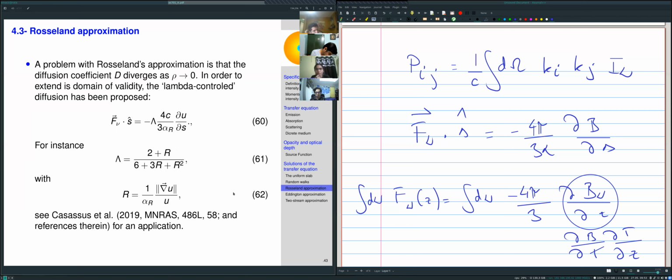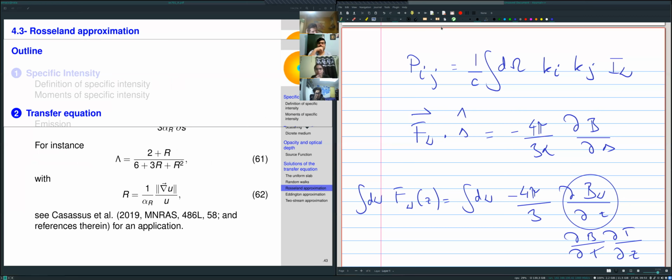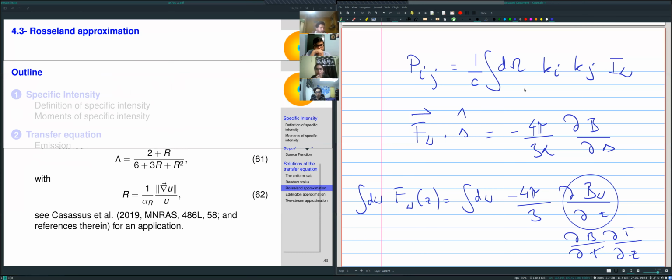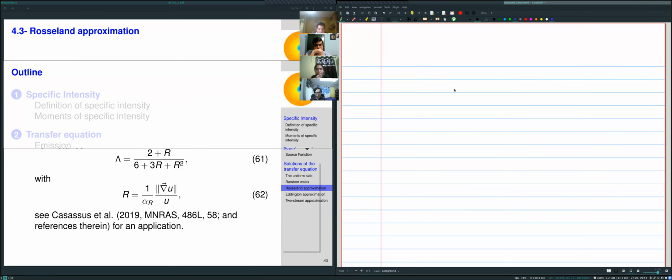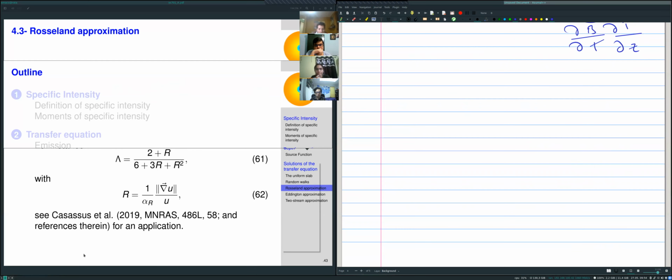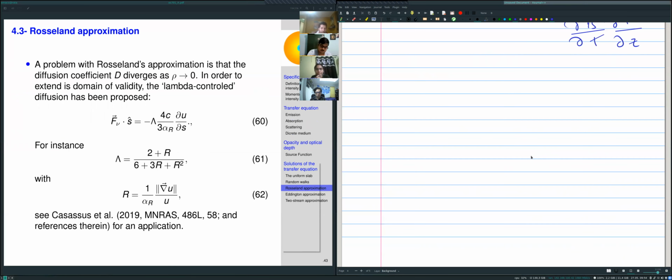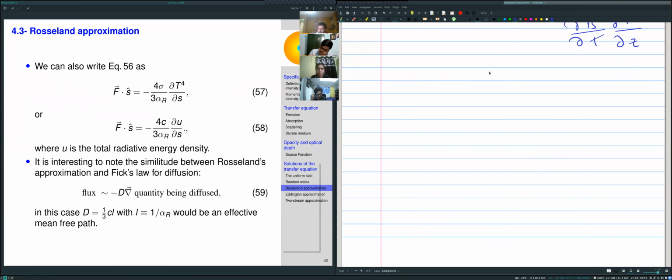But there's a big problem with it: it's only really applicable to very optically thick situations. Let me try and explain this. Let me write the Rosseland approximation here.